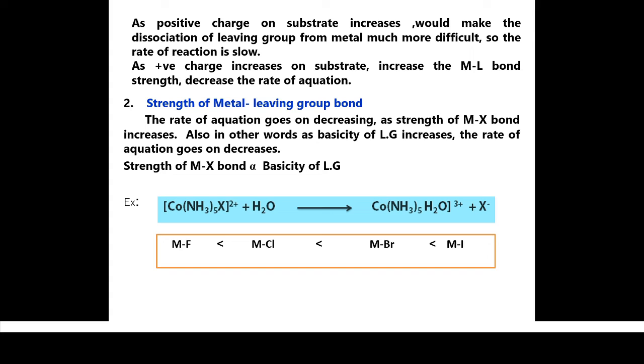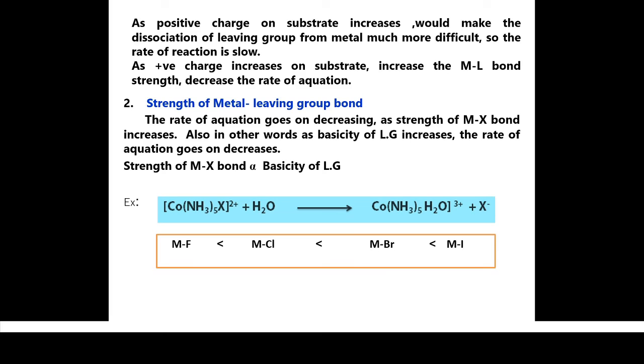Here we want a good leaving group for a faster rate, so iodine acts as a good leaving group. Here the rate of aquation is higher, and here the rate of reaction is slower because the M-X bond strength is much higher as compared to this one. Got it, student? This is our second factor, that is strength of the M-X bond. In simple words, as the strength of the M-X bond increases, the rate of aquation goes on decreasing.